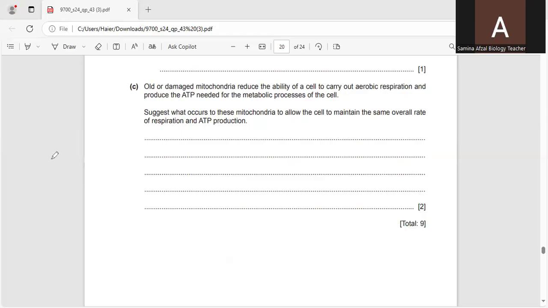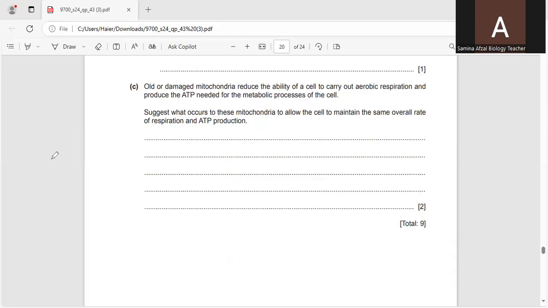I would like to say that what occurs to these mitochondria, or simply how the cell deals with damaged mitochondria. They are broken down. Damaged or dysfunctional mitochondria can significantly impair a cell's ability to produce ATP, the energy currency of the cell.